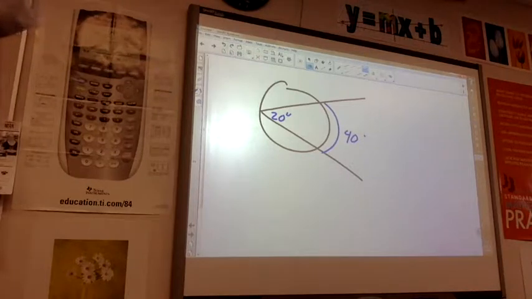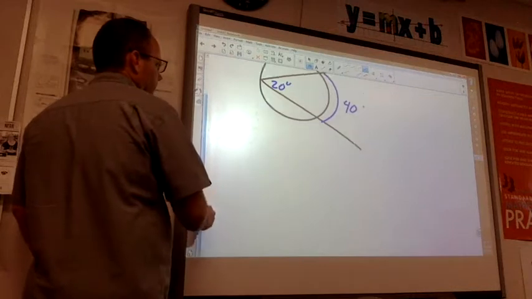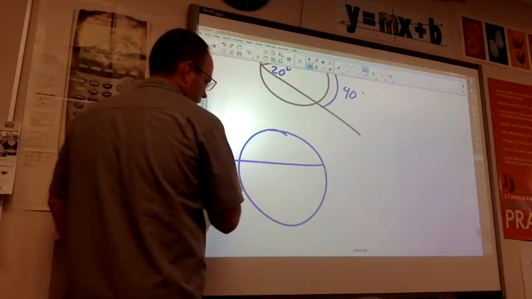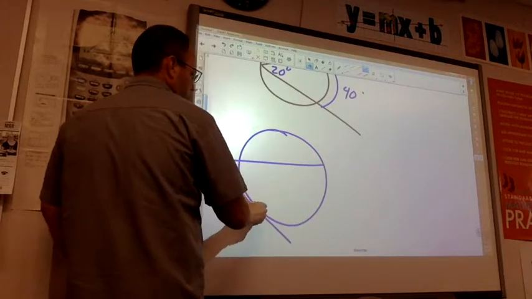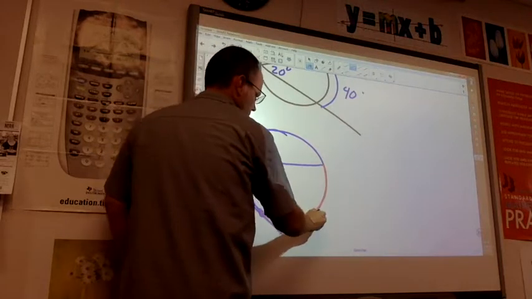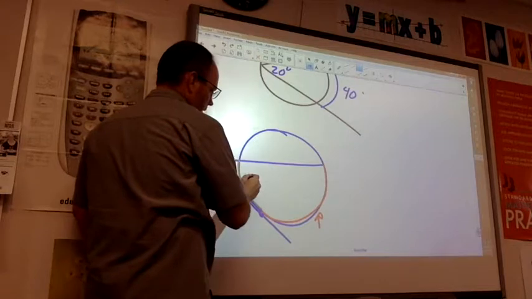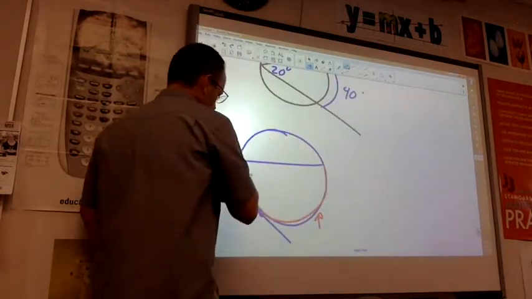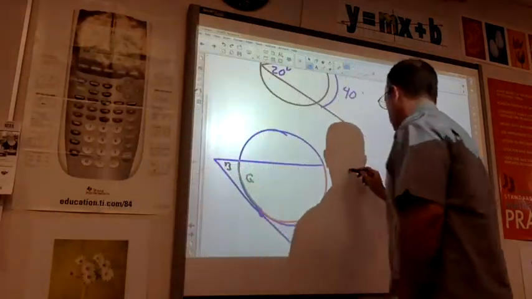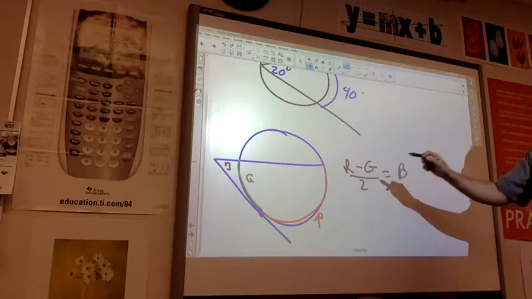What's the other one? Like this. That's going to be red, green, black. It's going to be R minus G divided by 2 equals B.